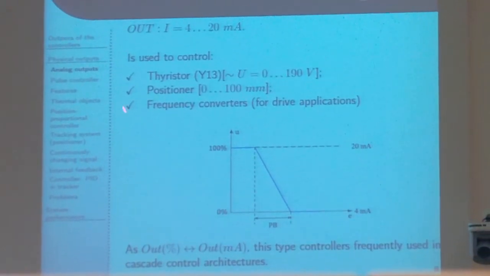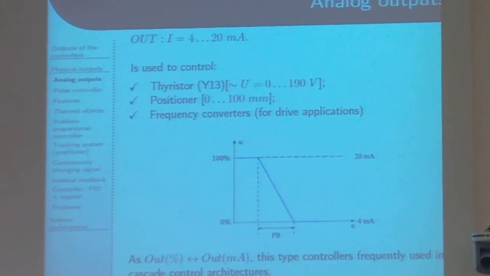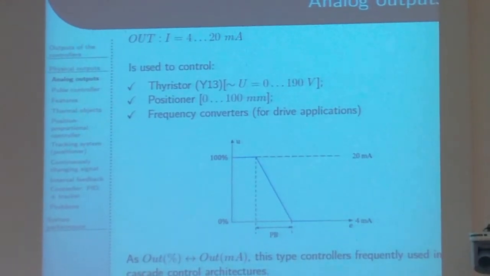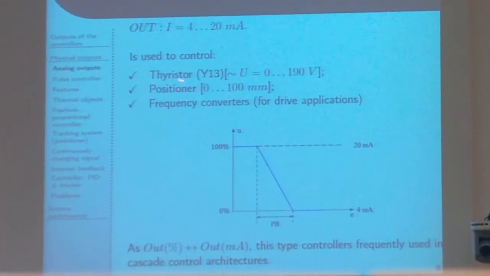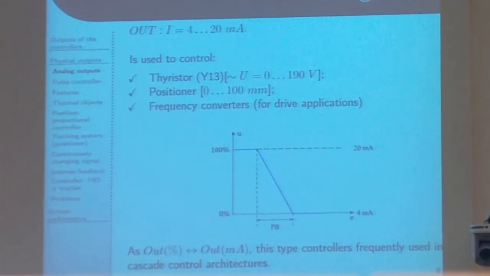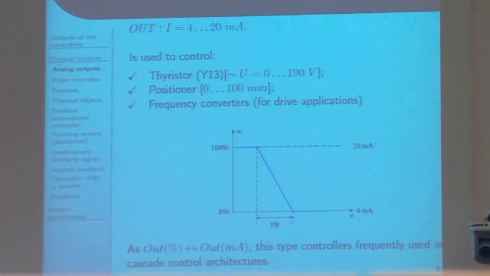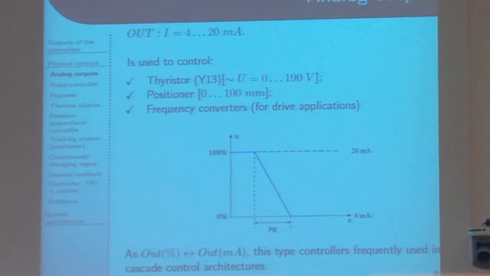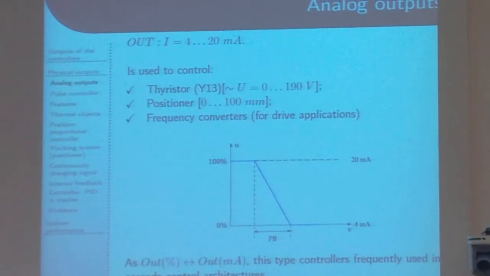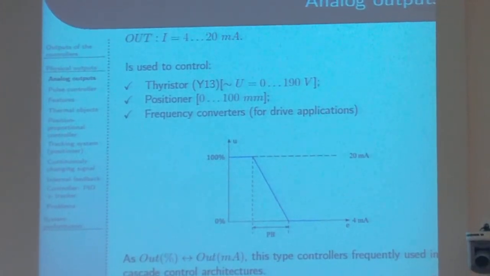Also, such controllers can be used to position a motor or other systems. So we can control a positioner knowing the whole range of the actuator, and also using frequency converters to control drives.